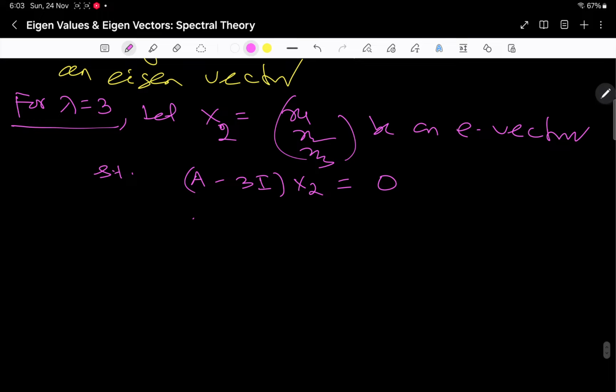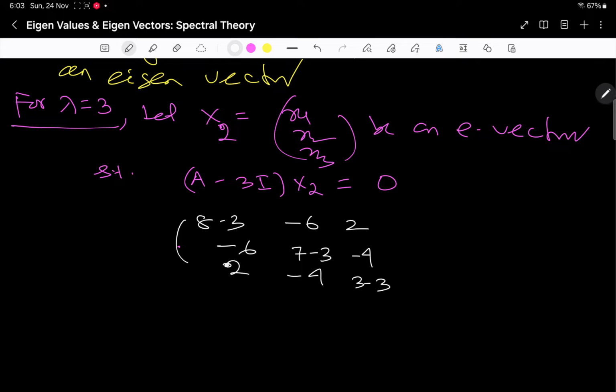Your original matrix was 8, minus 6, 2; minus 6, 7, minus 4; 2, minus 4, 3. So it becomes 8 minus 3, minus 6, 2; minus 6, 7 minus 3, minus 4; 2, minus 4, 3 minus 3, times x1, x2, x3 equal to 0, 0, 0.